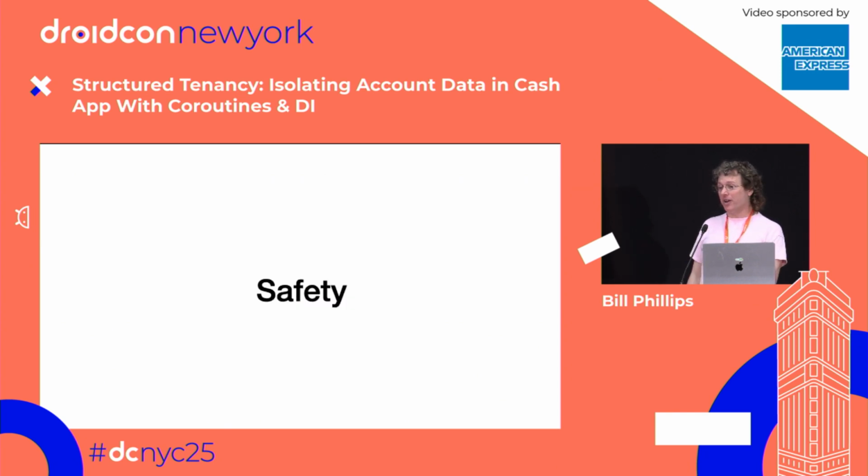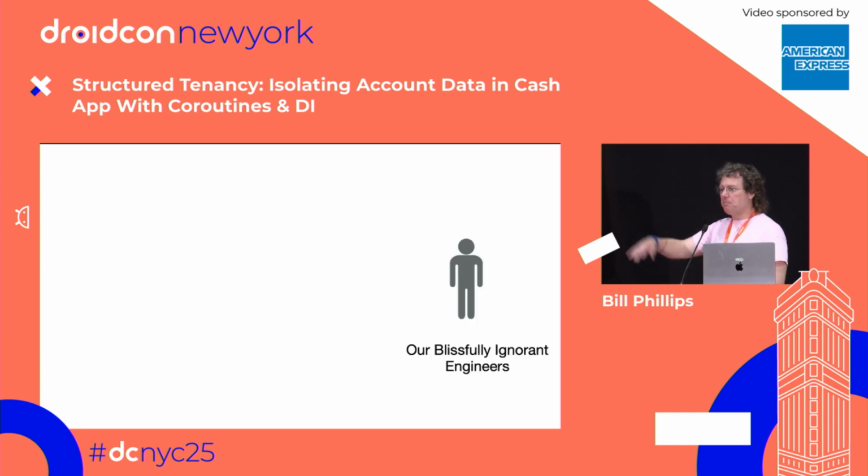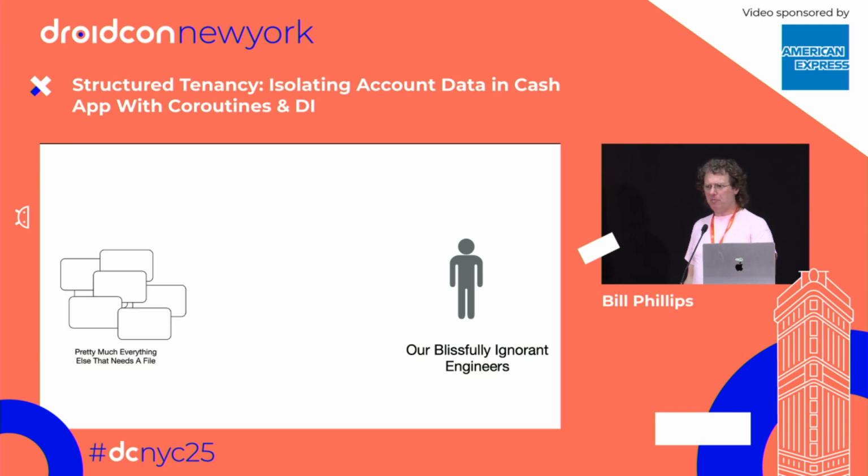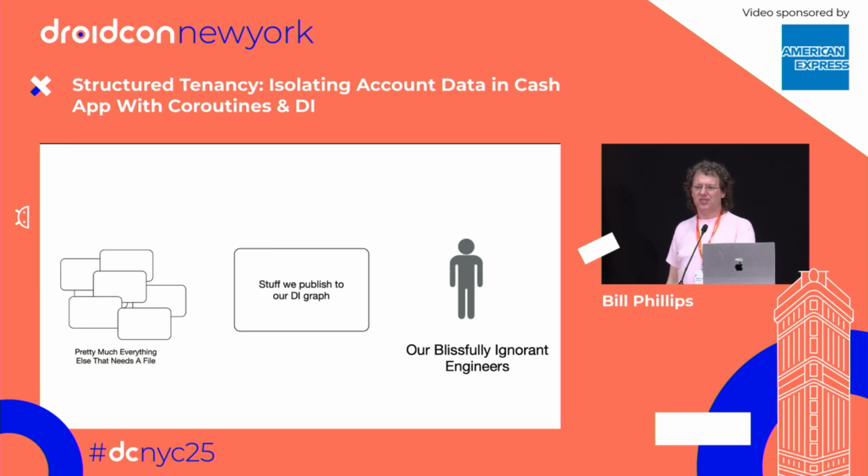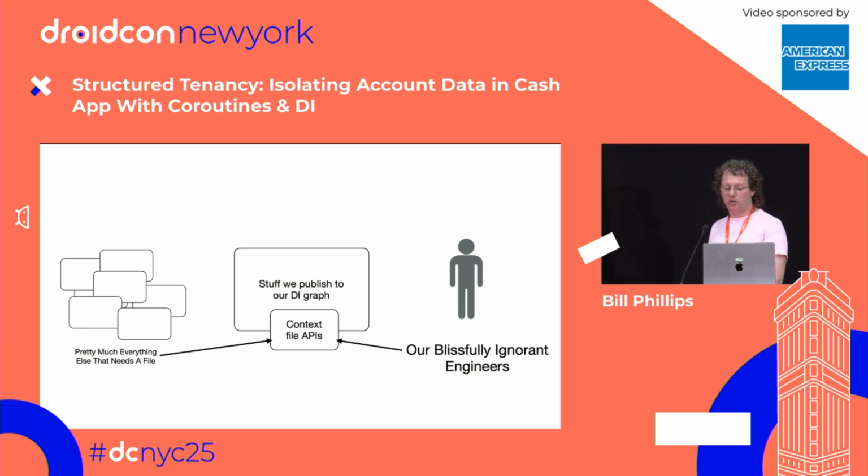Now, the last thing that we wanted to address is safety. So we've got a bunch of engineers, right, who are doing who knows what, and we've got pretty much everything else in the world that needs a file, right? And in the old state of affairs, everyone who needed a file or a file-like thing would access it through context file APIs.